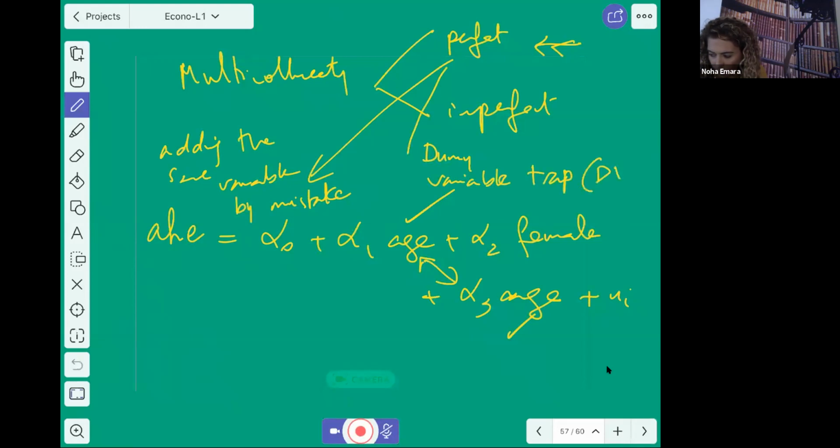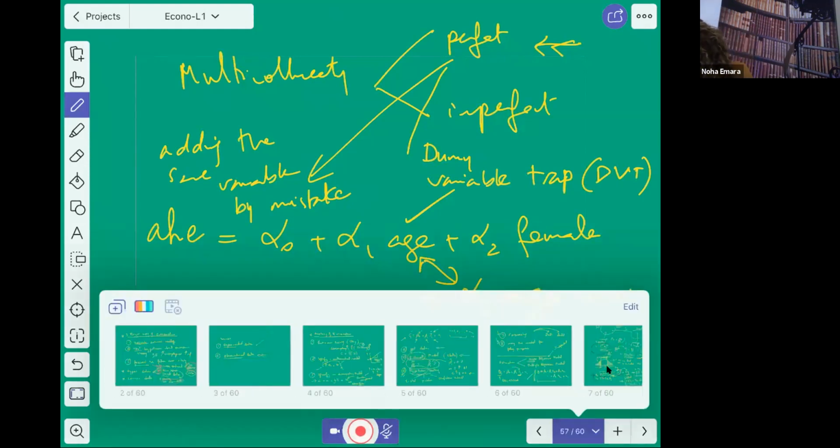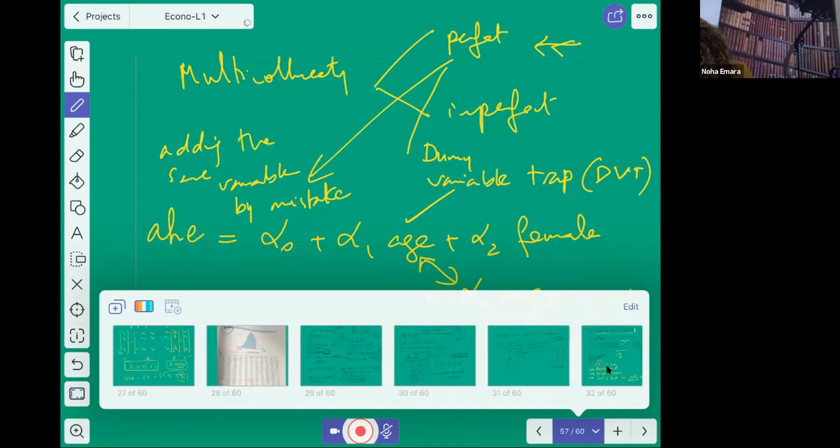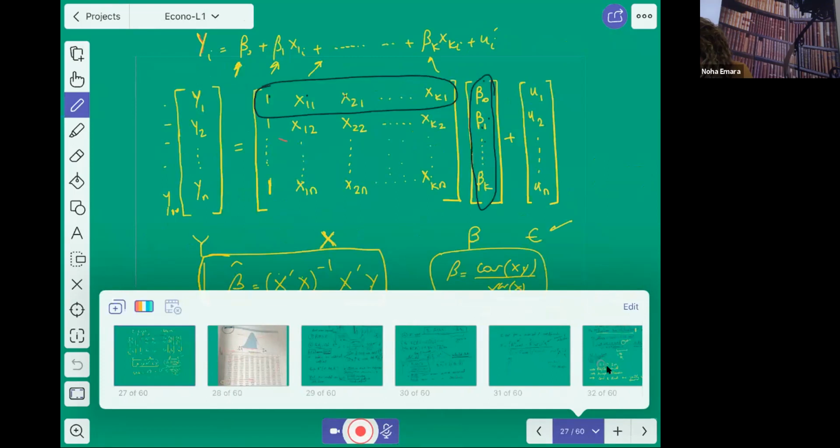Dummy variable trap. What is the dummy variable trap? When I was talking about the matrix formulation of our model, I hope I can find the slide, instead of me writing the whole thing again. Okay, it's right here. Look at this.